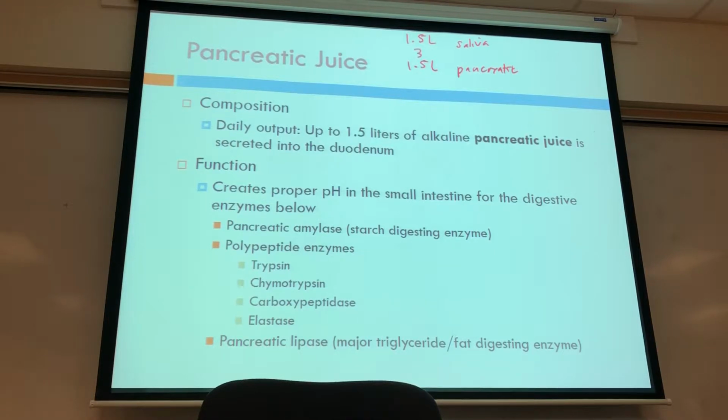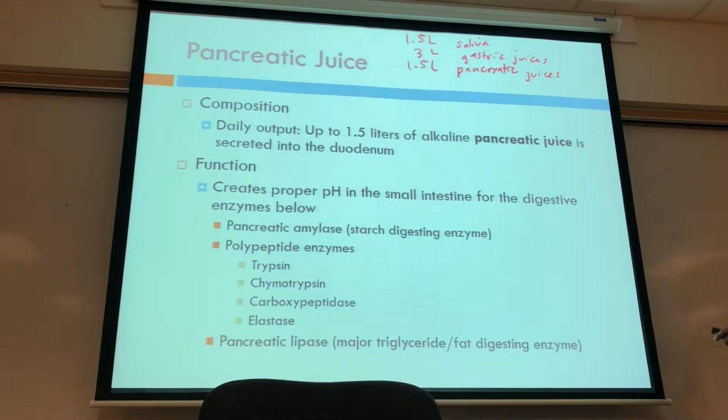We had 3 liters for that of gastric juices. Now we have another 1.5 liters in pancreatic juices. So by now, we have 6 liters total of fluid that's dumped into the alimentary canal. And obviously we're going to have to reclaim that water.